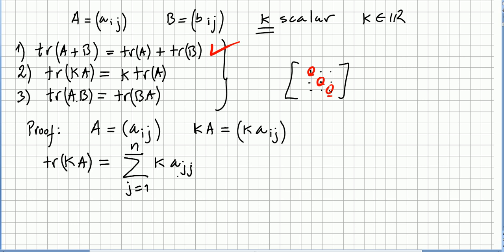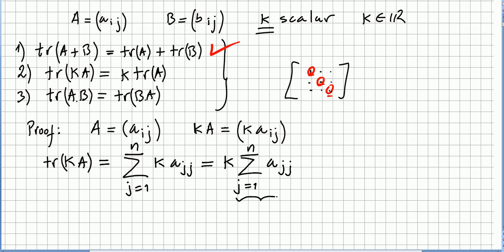So this is the sum of k a_jj, but by the properties of these sums, this is the same as k times the sum of a_jj.